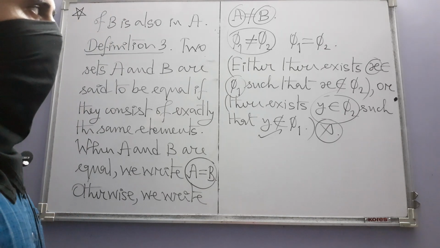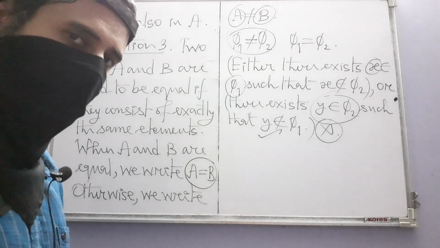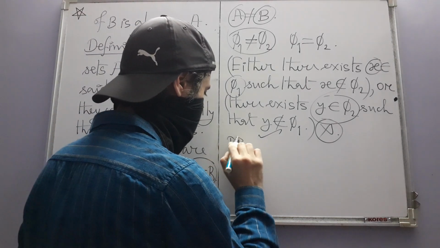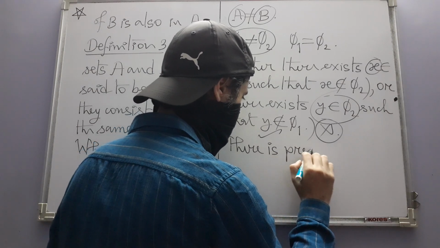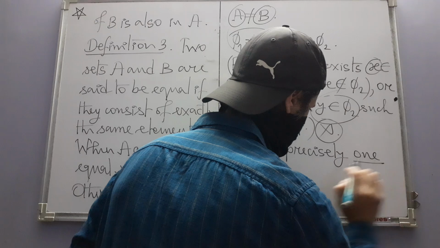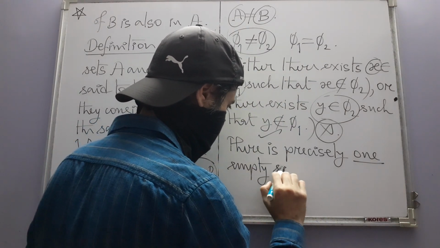So if you have two empty sets, actually they are the same, and that is why there is precisely one empty set.